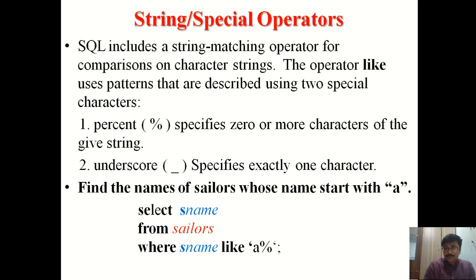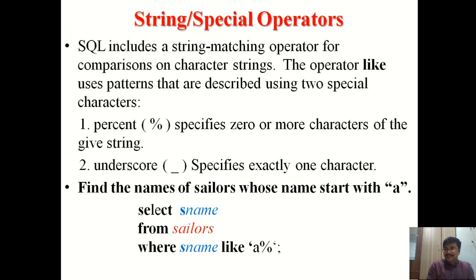That's why we use percent. Percent includes 0 or more characters. If there are no characters after A, that is okay. If a number of characters are available, that is also okay. So in those cases we can use percent.